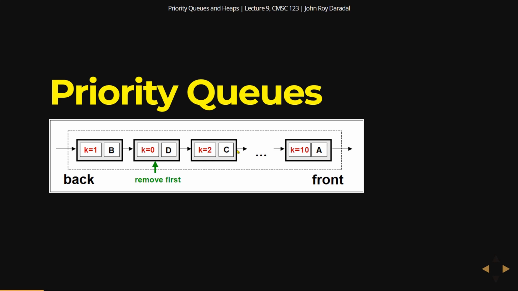The lowest key here is 0, associated with the entry 0D. So this entry will be removed first, because even if it is somewhere at the back, and was added a little bit later, it has the highest priority because it has the lowest key. So when we remove an item from the priority queue, we will be removing the one with the lowest key, or the highest priority.